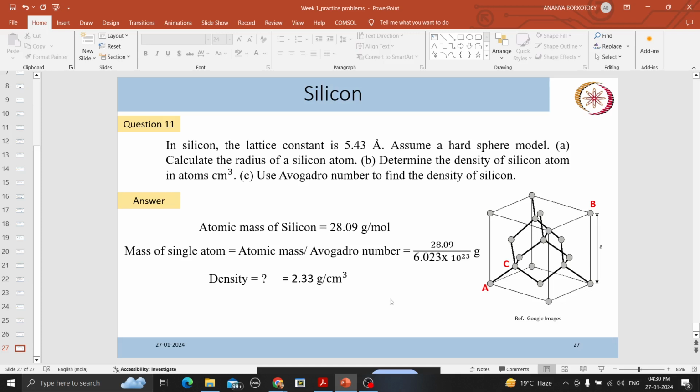Everybody got the answers? Radius of silicon atom, density of silicon atom.